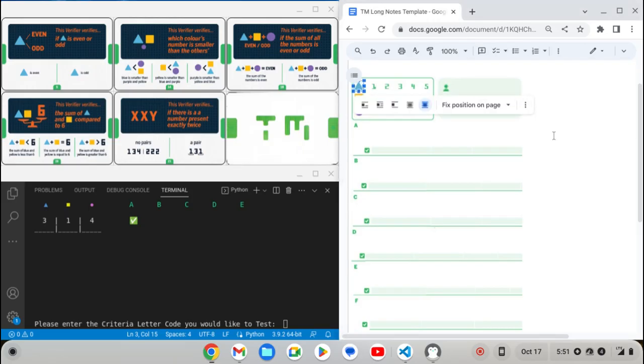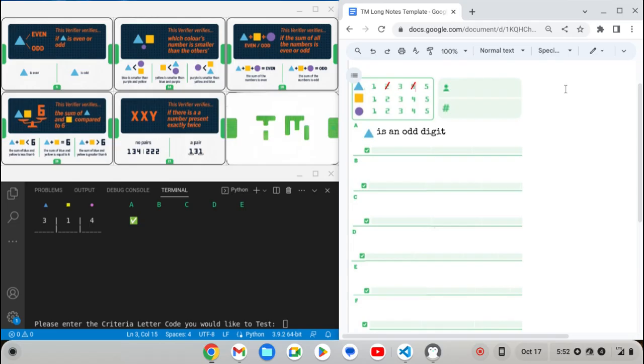So let's go ahead and type that up in our notes in section A. And we'll say that triangle is an odd digit. And since it is odd, let's go ahead and cross out both evens. So let's go ahead and cross out 2 and 4.